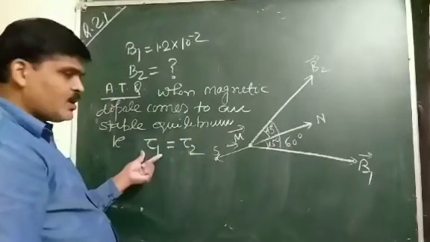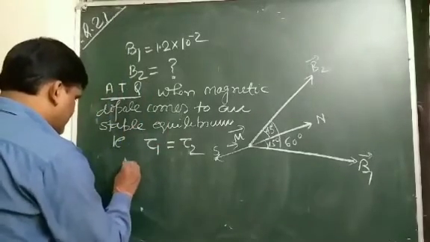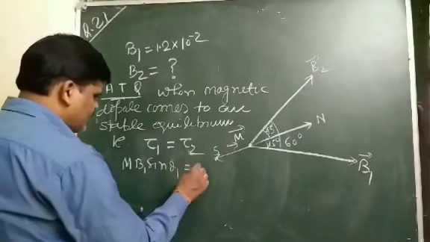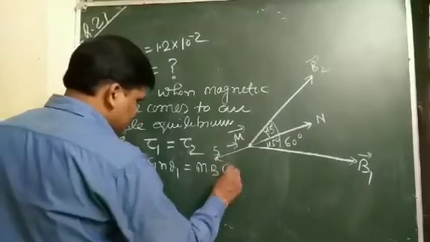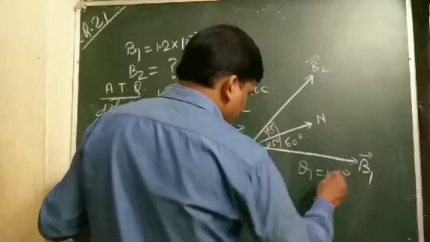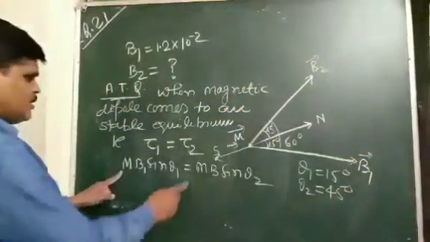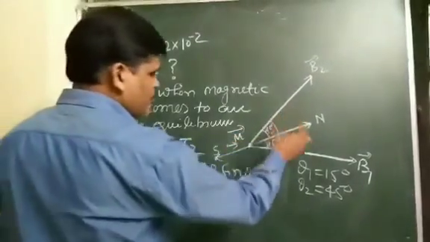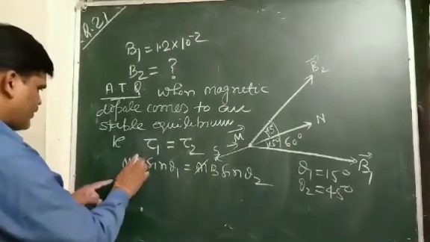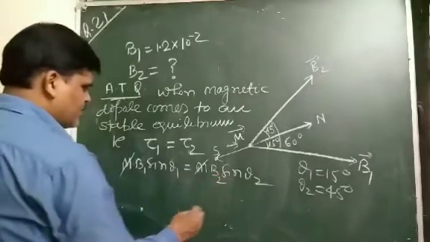So we can say that tau1 equals tau2, and we know MB sin theta 1 equals MB sin theta 2. Here theta 1 is 15 degree and theta 2 is 45 degree. Student, the magnetic dipole moment for both fields is the same, so it cancels out, and we have to find B2.